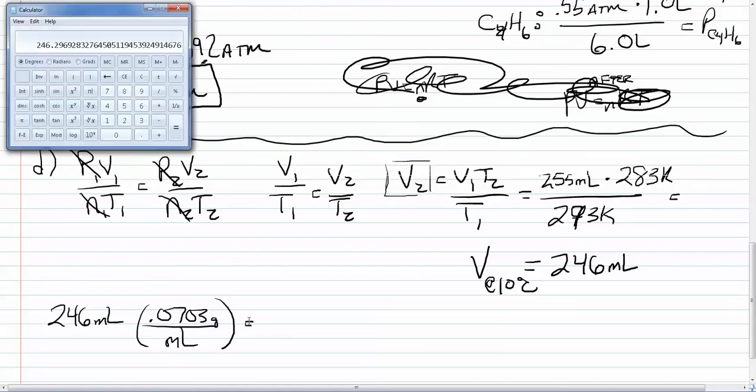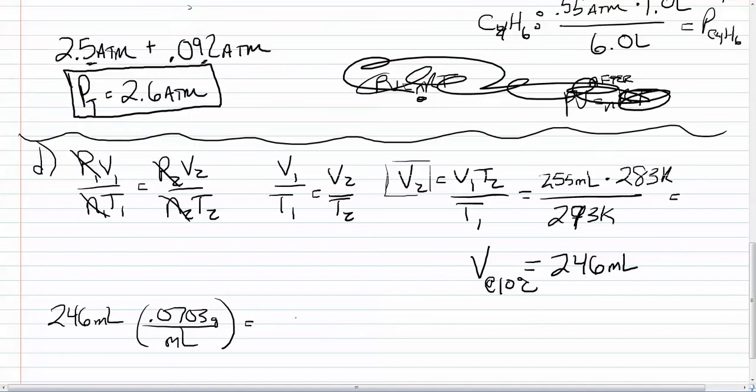So we'll run the number there: 246 times 0.0703 gives us 17.3 grams of this octane.